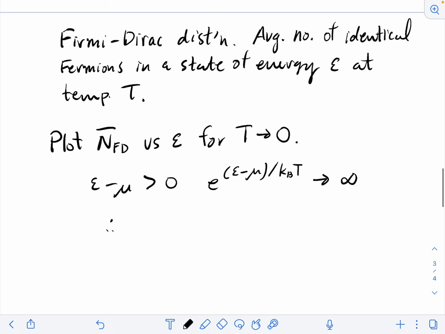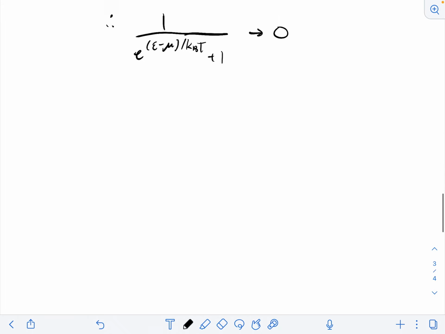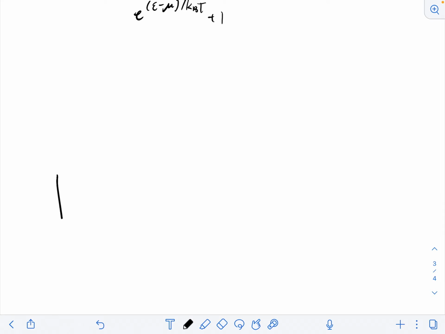Therefore the distribution function is 1 over a very large number plus 1, which just goes to 0. Okay, so we can start to make that plot.